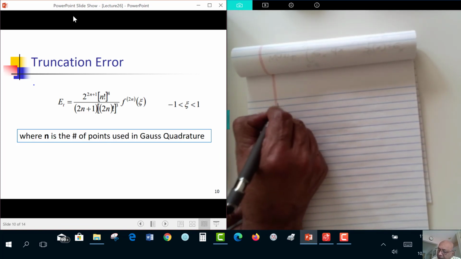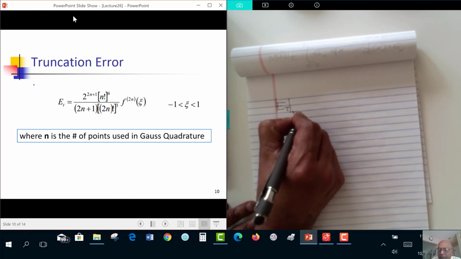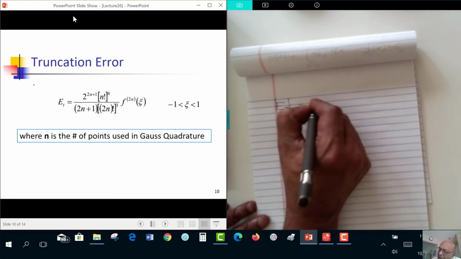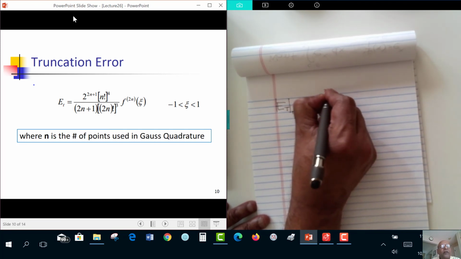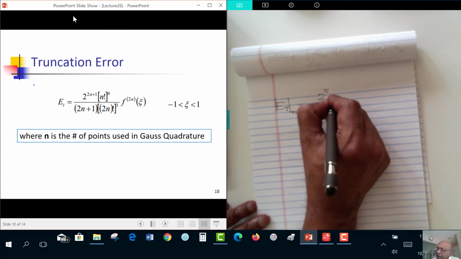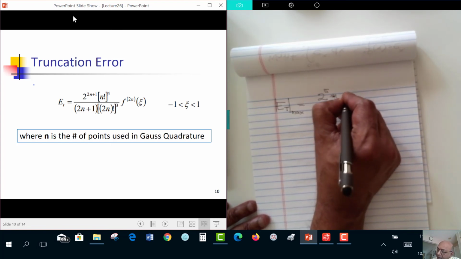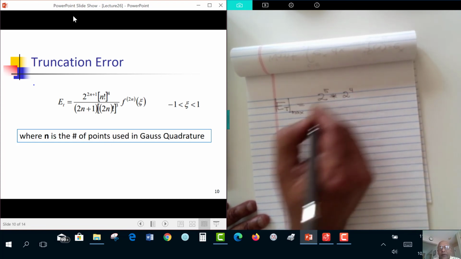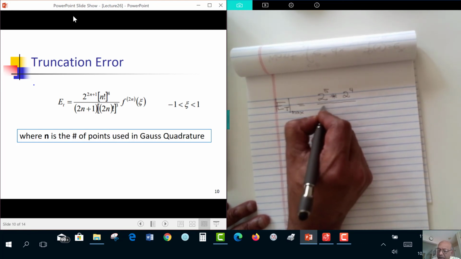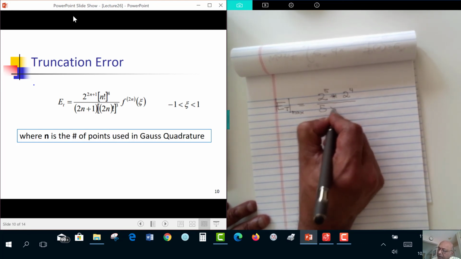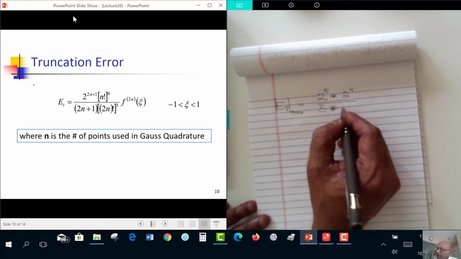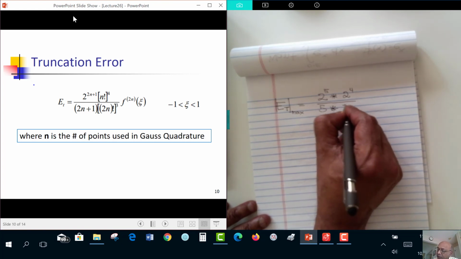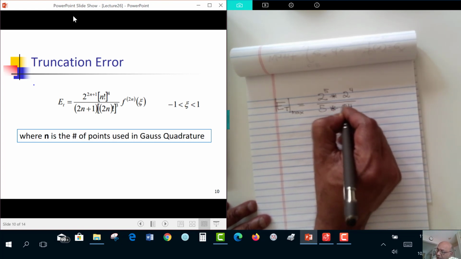So our truncation error bound is going to be 2 to the power 2n plus 1. n was 2, so it will become 2 to the power 5, times 2 factorial to the power 4, over 2n plus 1 times 2n factorial. That's 4 factorial. 4 factorial is 4 times 3 times 2, 24. Cubed, right?